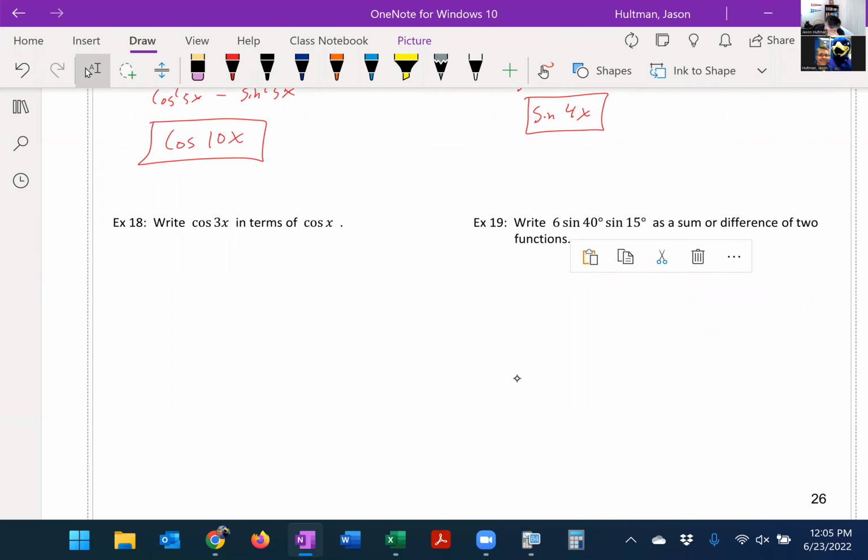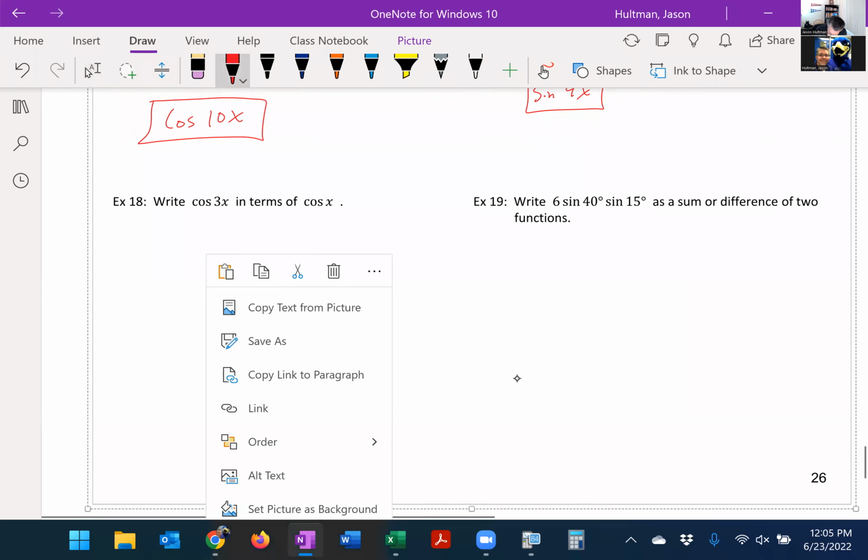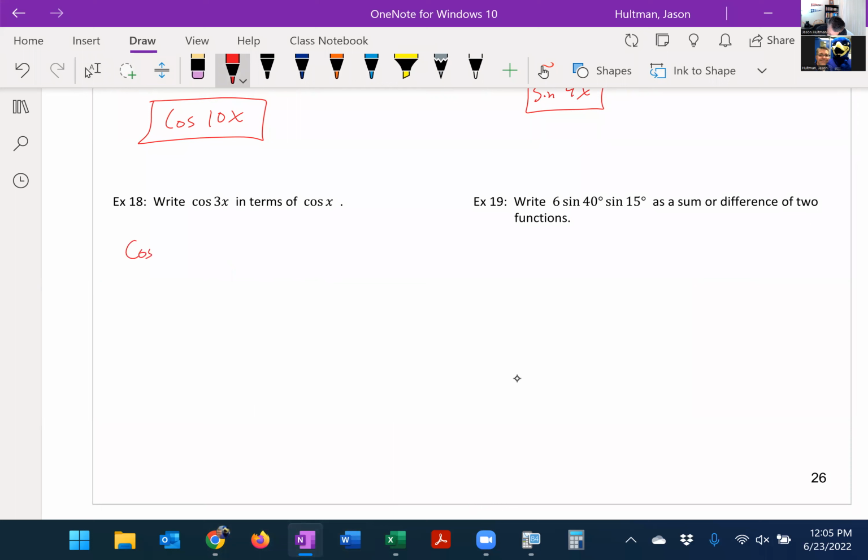Okay, let's finish up with 18 and 19 here. Write the cosine of 3x in terms of cosine x, just cosine. So maybe I'll write this as the cosine of 3x plus x.